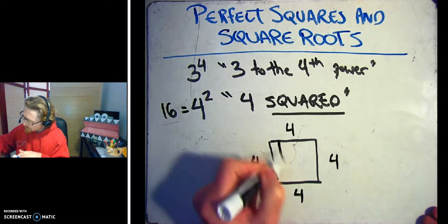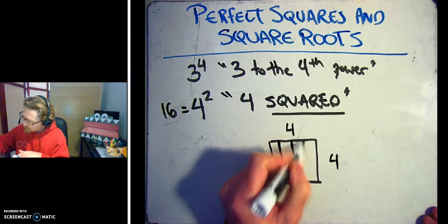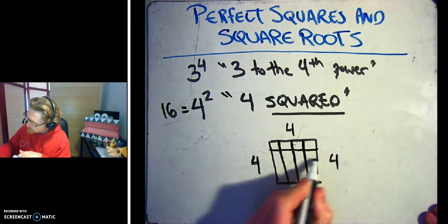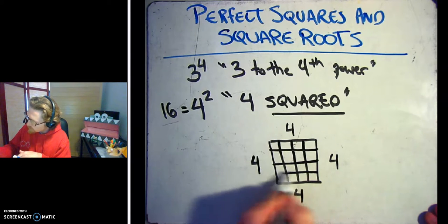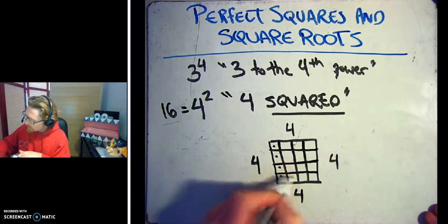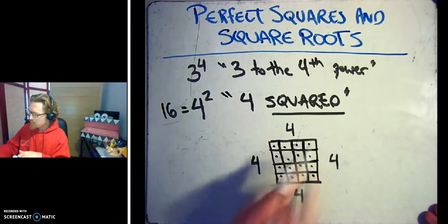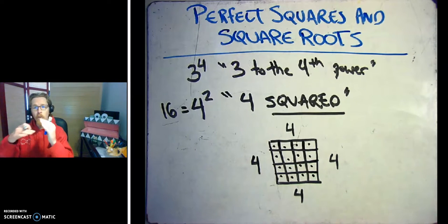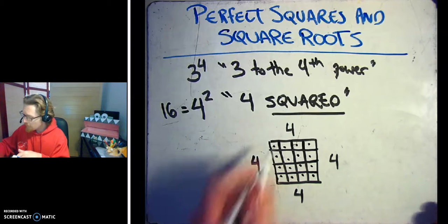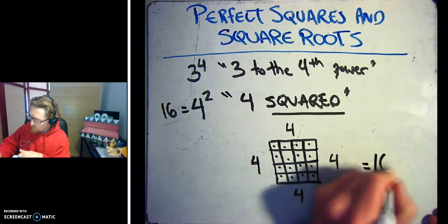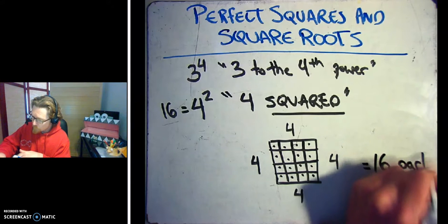If I take a square and I cut it up into 4 equal parts one way, and I cut it up into 4 equal parts another way, if I count out how many parts there are, and you'll notice each part that I've cut this into is also a square, a square of 1 by 1, there are a total of 16 parts.